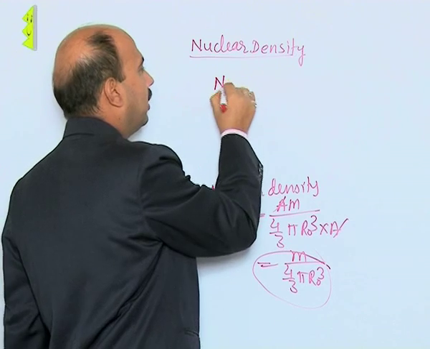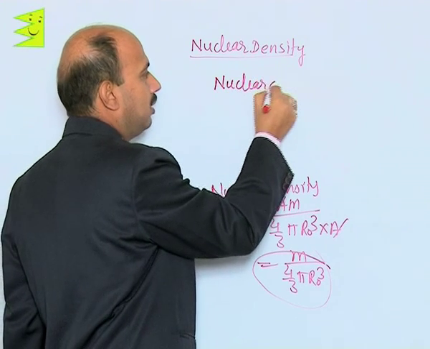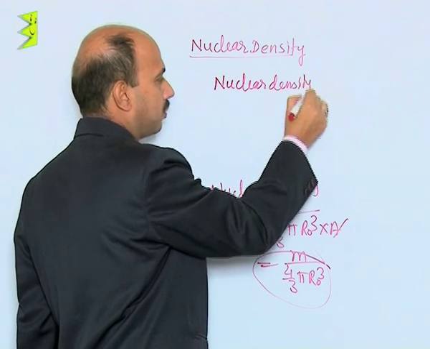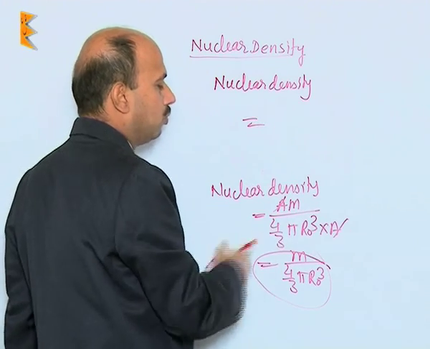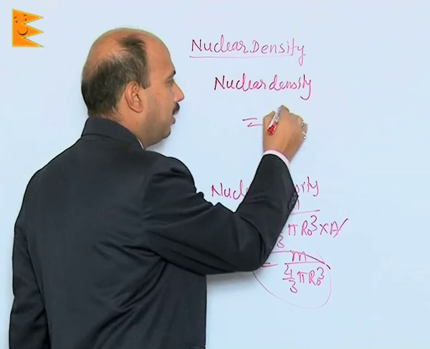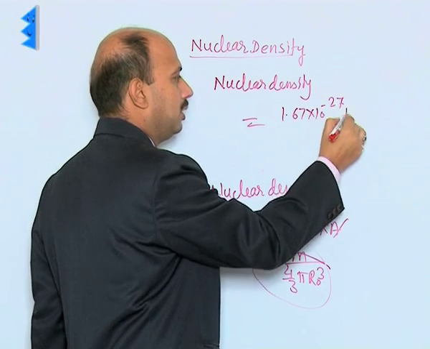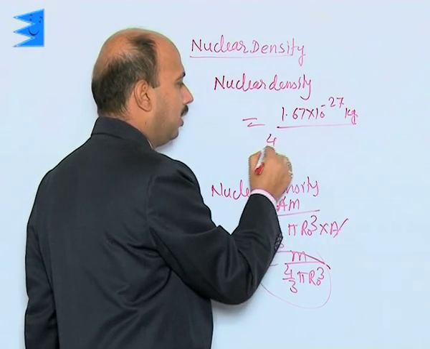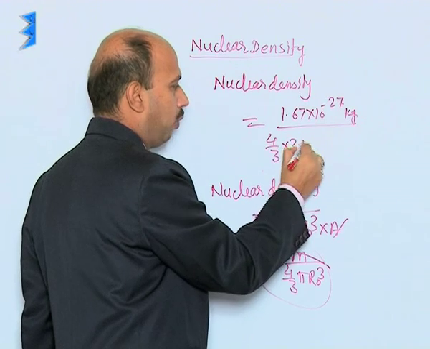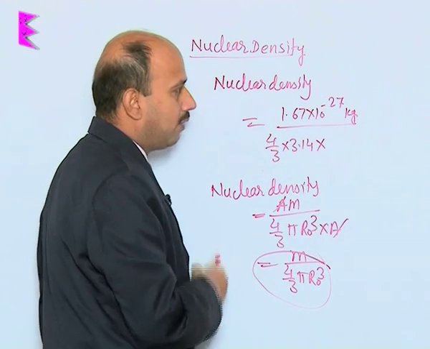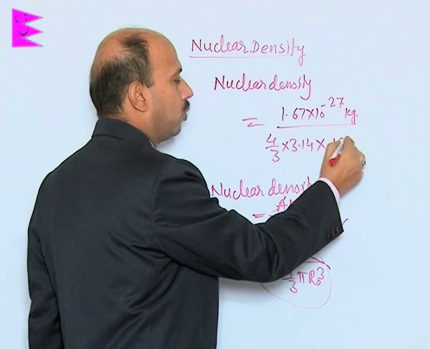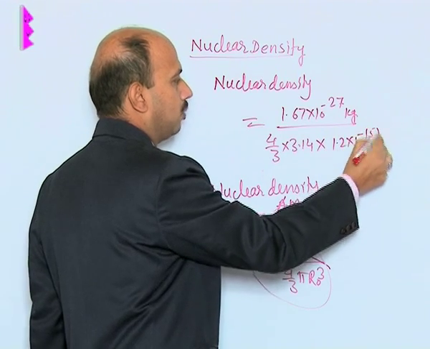So nuclear density is equal to, if I put in all the values, mass of a nucleon, 1.67 into 10 raised to power minus 27 kg, divided by 4 upon 3 into 3.14 into r naught cube, where the r naught value we know is 1.2 into 10 raised to power minus 15.